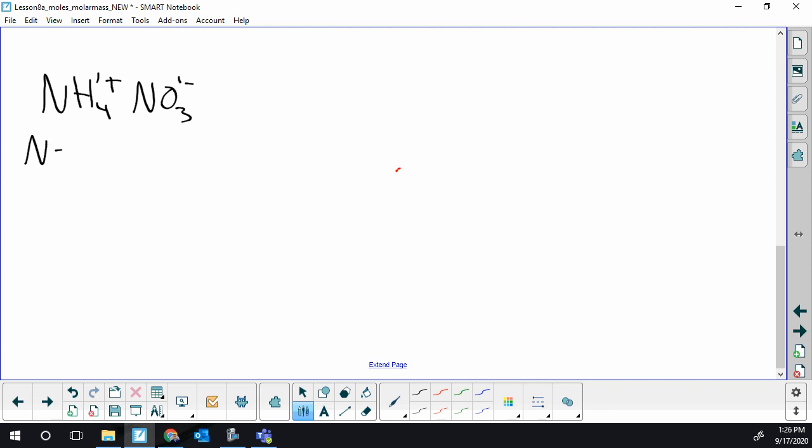Nitrogen, how many total N's are there? Not one, two. There's one here, and then there's one in the anion. So there's two in total. So I double nitrogen, which is 14.01, I think. Hydrogen, there's 4 here, and there's none over there. So 4 in total. Oxygen, there's 3 there.